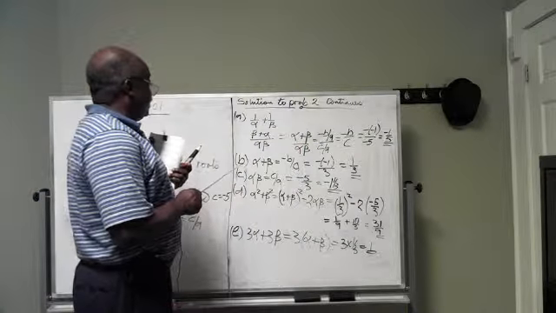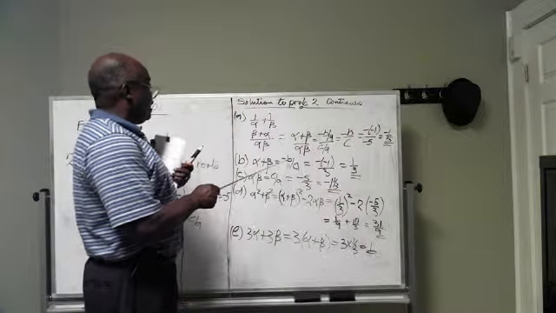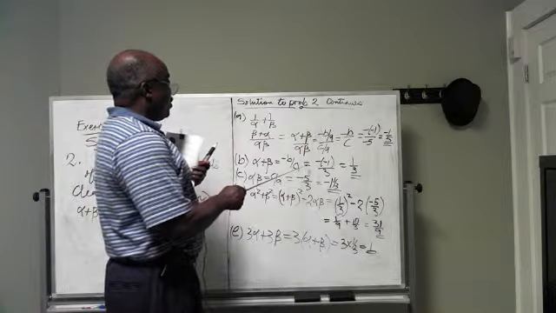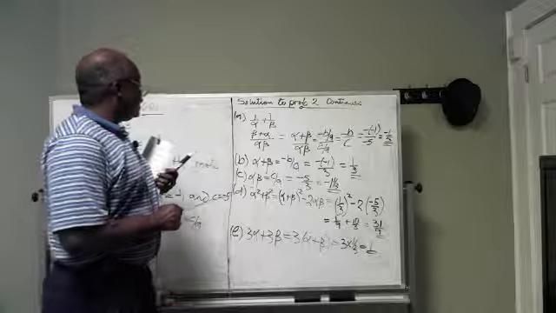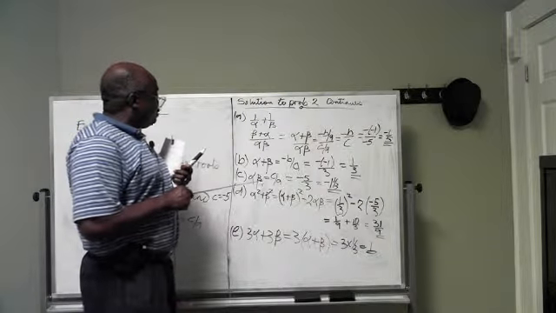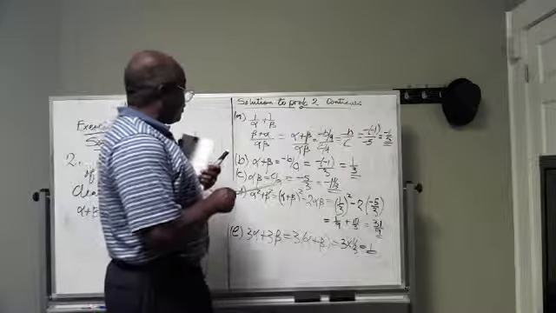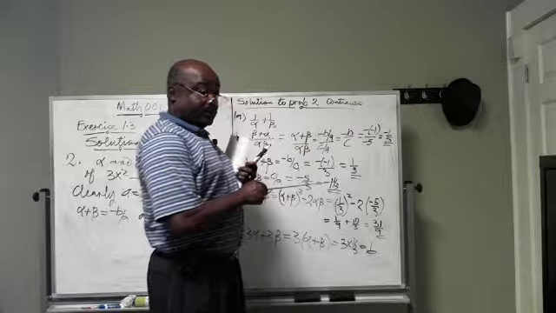Question 2b required us to look for alpha plus beta, which is equal to minus b over a, which is equal to minus into minus 1 over 3, which is 1 over 3. 2c required us to look for alpha beta, which is equal to c over a, which is equal to minus 5 over 3, which yields minus 1 and 2/3.